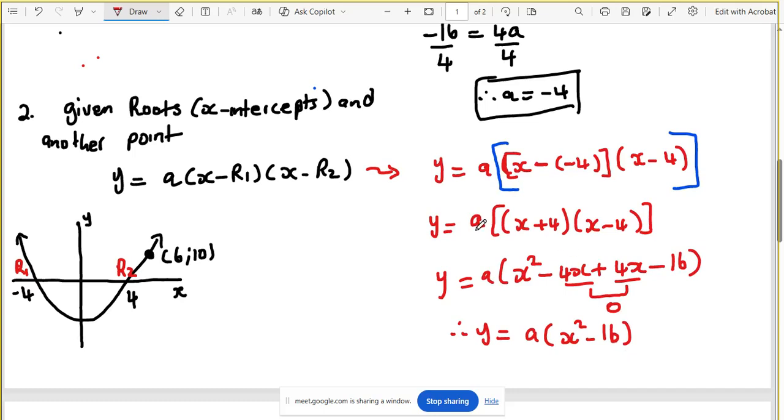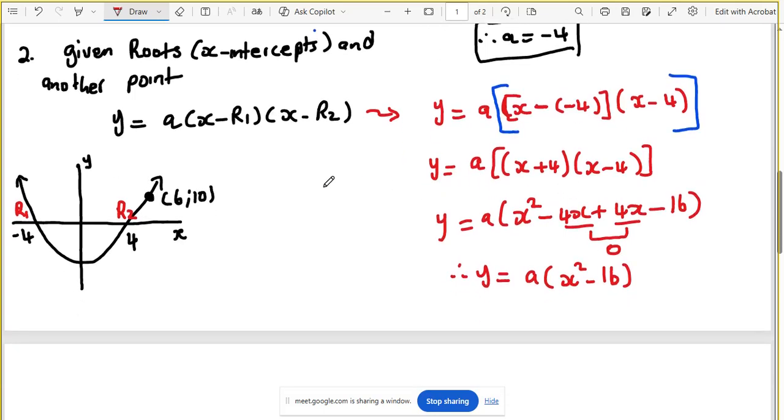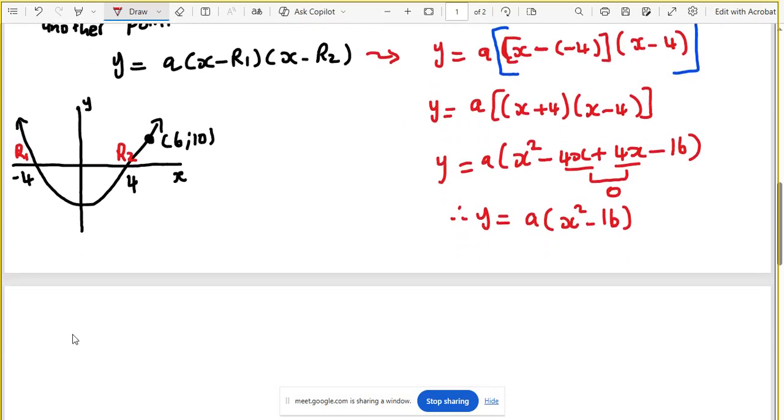Then from there, the aim is to find the value of a. So if I have y equals a into x squared minus 16, I need to now substitute that given point, the 6 and 10, into that equation. When you substitute the given point, I need you to pay attention.